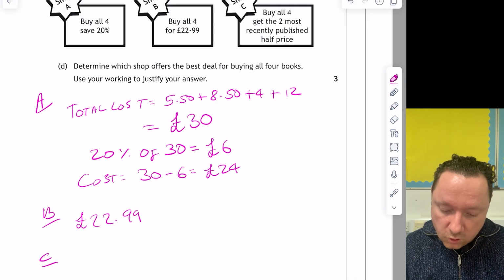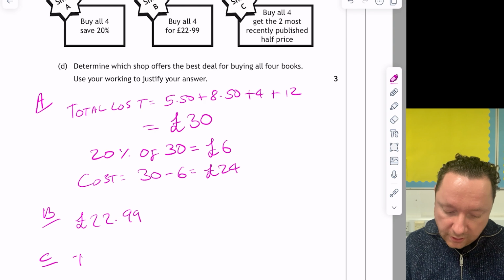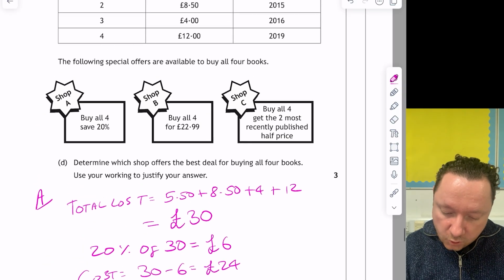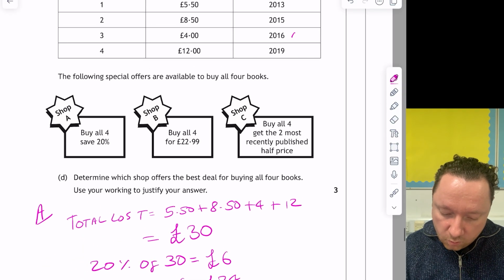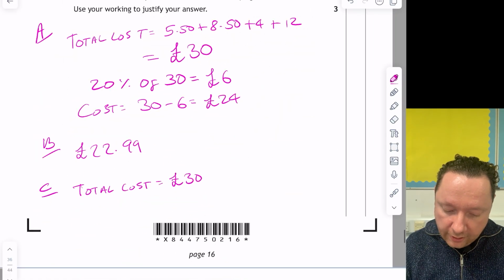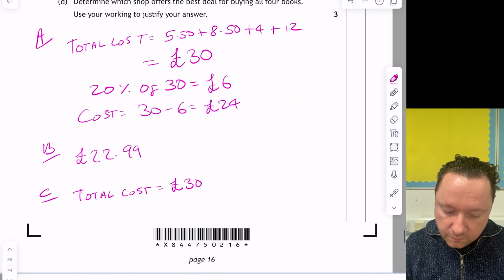Buy all 4, get the most recently published half price. So we know the total cost, if you buy all 4, would usually be £30 because we've already done that. And the most recently published half price, so we've got this one and this one, 4 and 12.